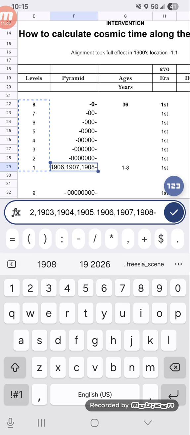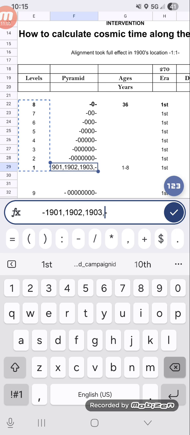You can see me typing, it's not fitting all the way in here, but you can see where I'm going for. That's how the years will be inputted. 8 years.